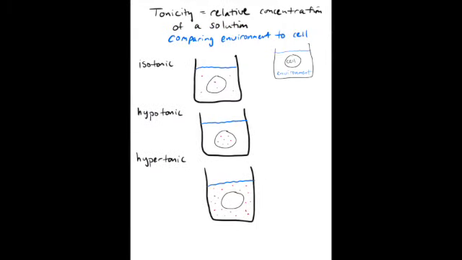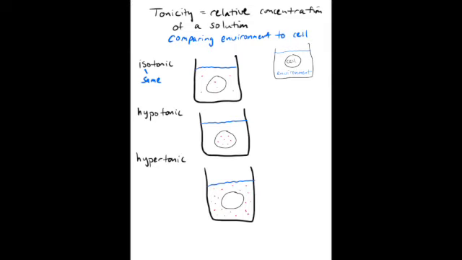When we're talking about tonicity, we're talking about a relative concentration of a solution in two different locations. So in this case, as we can see over to the right, we have a cell placed in an environment. In this case, it's just a beaker. And there are three different scenarios we could potentially have. One, what we call isotonic, where iso means the same.